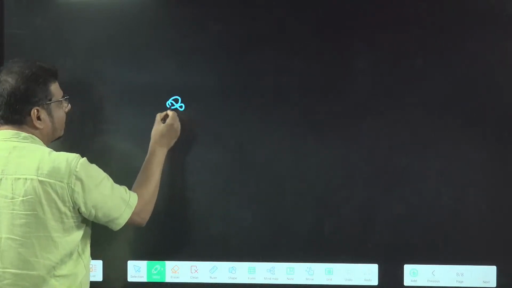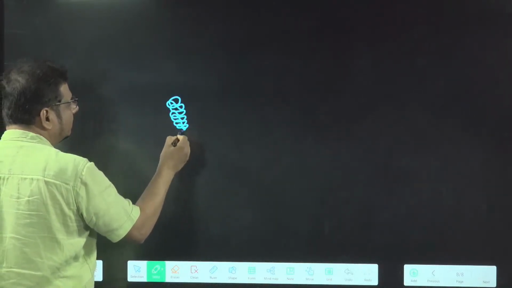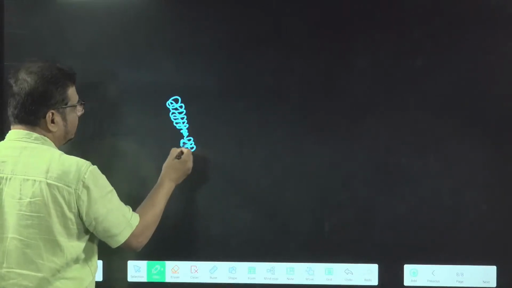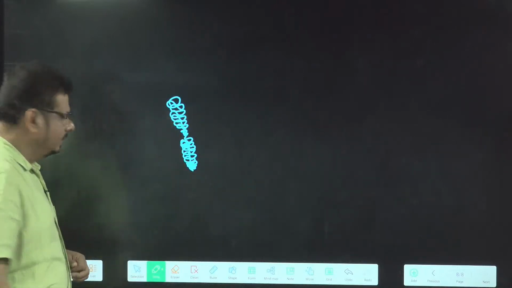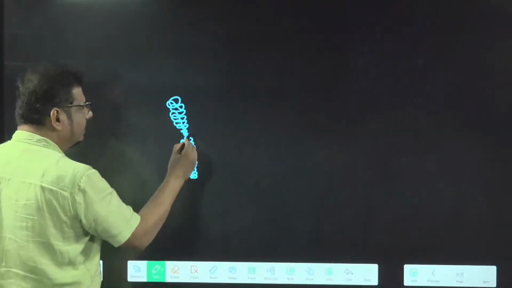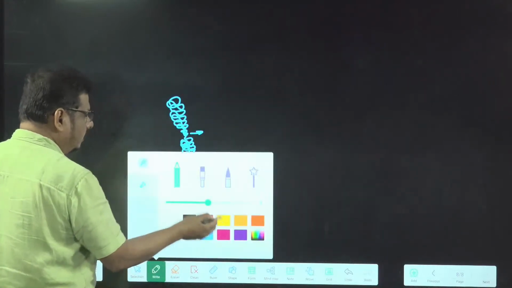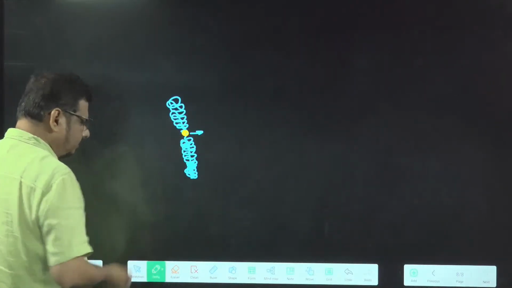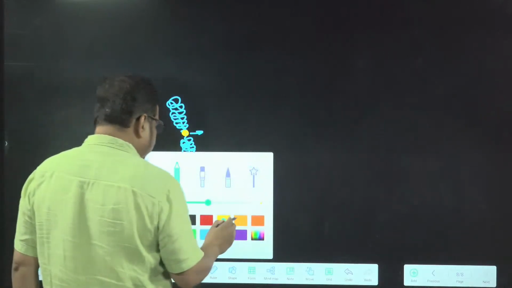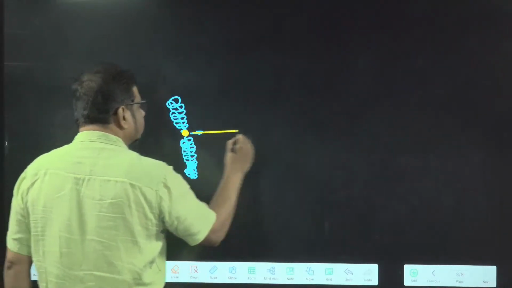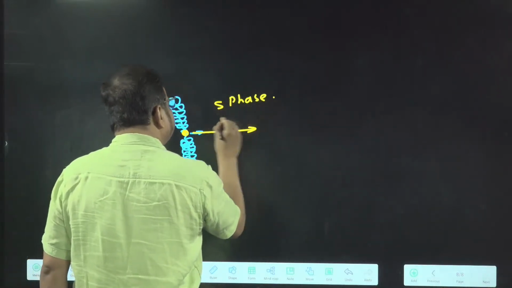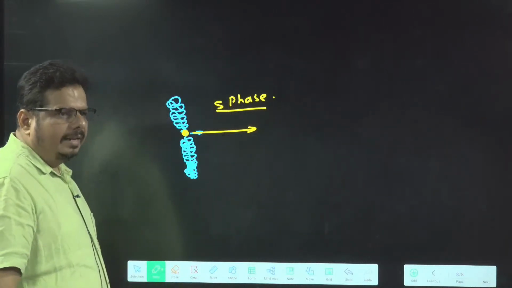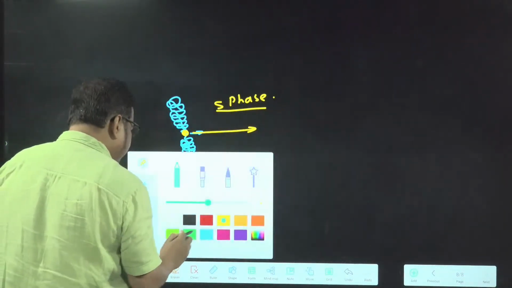Have a look here. Now see, I am drawing this diagram once again. This time I am not drawing the secondary constriction; this time I am drawing only the centromere. Got the idea? Okay. Now look, what happened in S phase during DNA replication? DNA replication occurs.